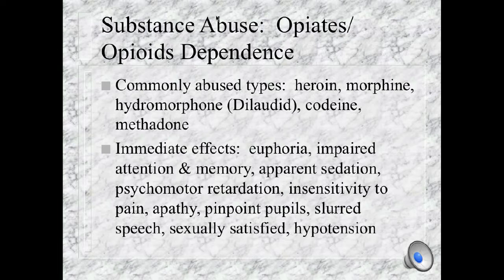So when we talk about substance abuse and opioid dependency, the key thing to consider here is immediate effects and withdrawal effects. I'm only going to give you the highlights of immediate effects, which is under the influence. Also, one key thing to think about when you're thinking about substance use and the immediate effects versus the withdrawal effect, there is a difference between central nervous system stimulants versus central nervous system depressants.